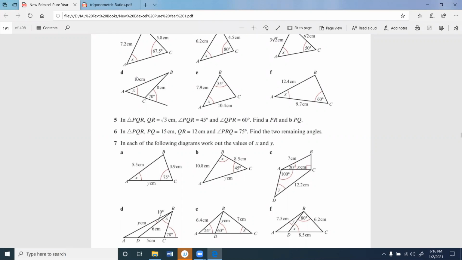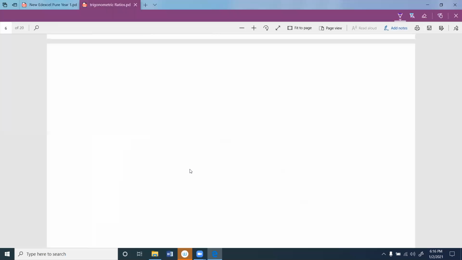We'll come up with this question and let's try to understand how to answer that kind of situation. The diagram is just like this.